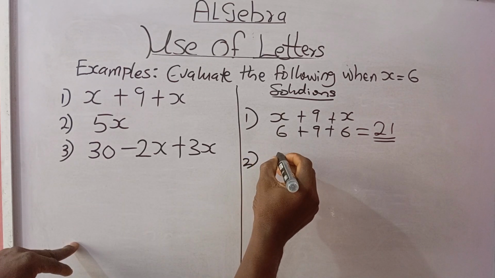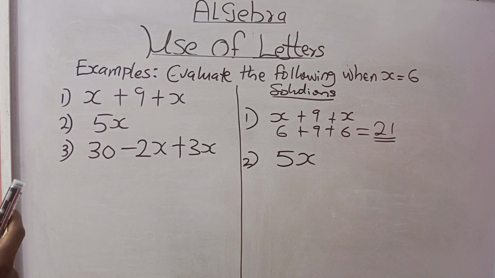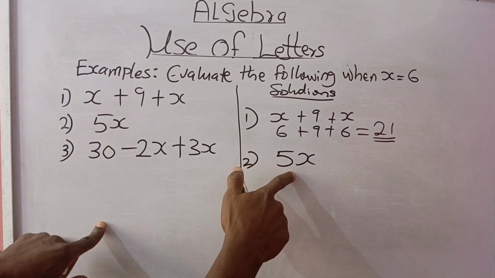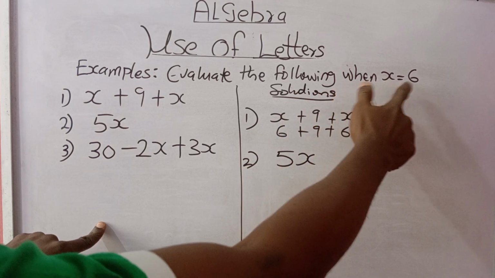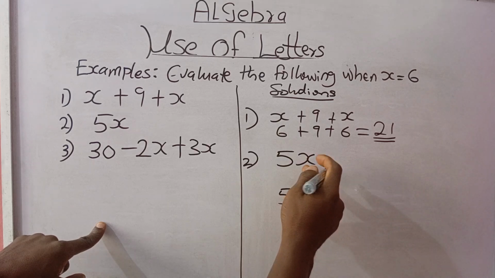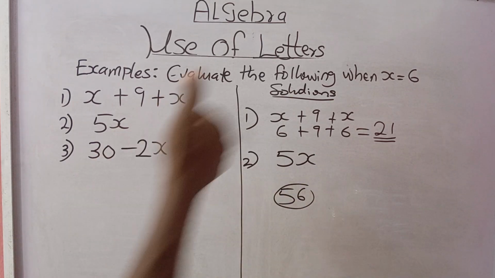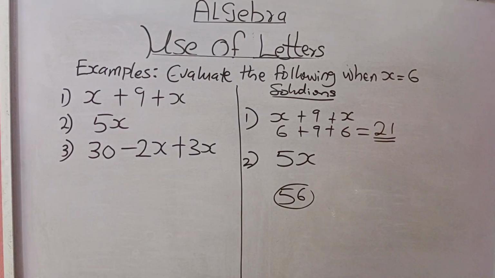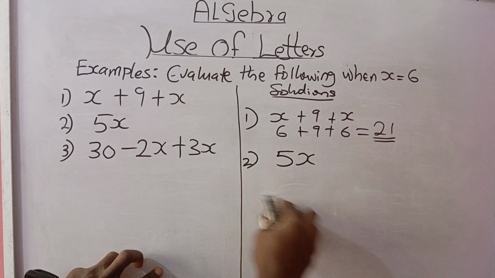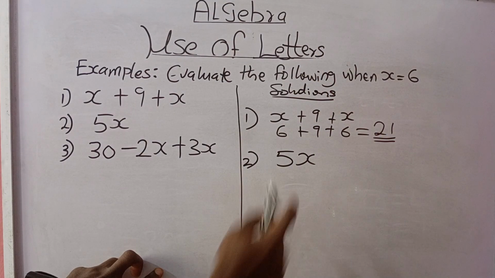Here we have 5x. Some students, when asked to evaluate something like this when the value of x is a number, let's say 6, will simply replace the x with 6 and say their answer is 56. No, it's not done that way. Looking at this particular example, 5x also means 5 times x.